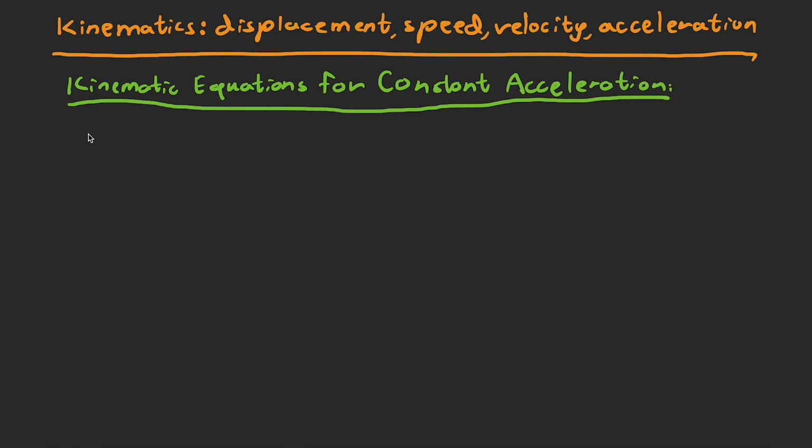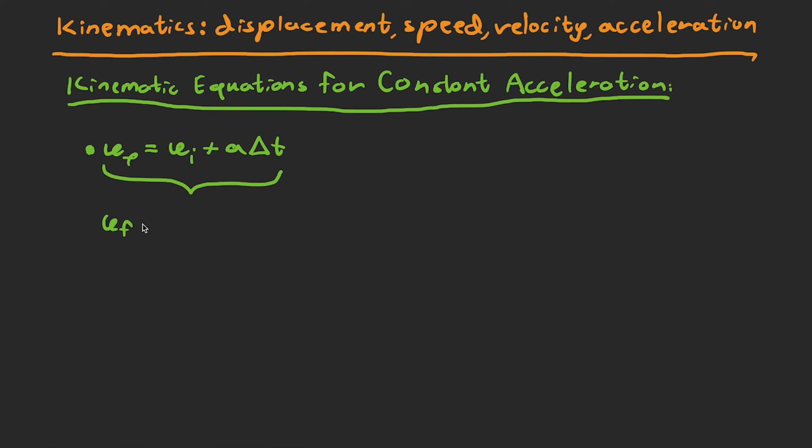First equation is this, which is probably the most intuitive one. It's that the final velocity of our system is equal to the initial velocity plus the acceleration times the change in time, which is logical. I mean, you can derive this equation from this.